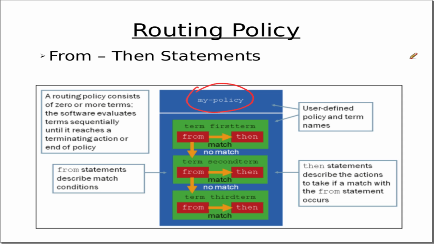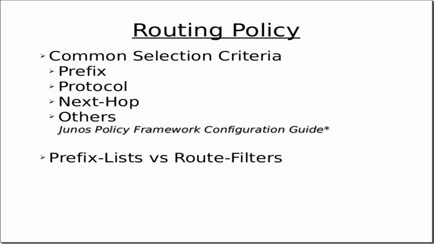Now here are some of the criteria that we can define while we are to match the packets in a particular policy. We can use the prefix, or if I call it, IP address.